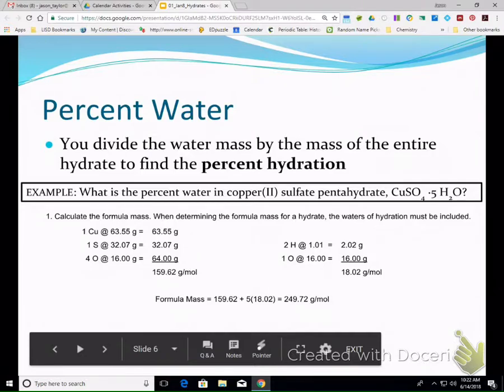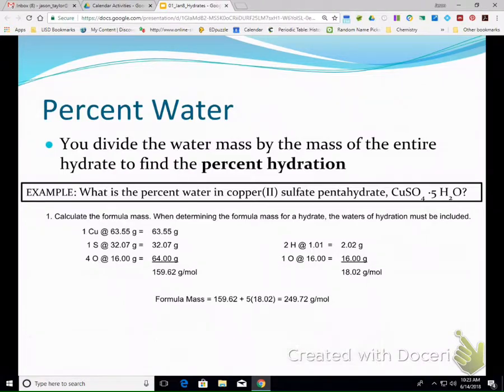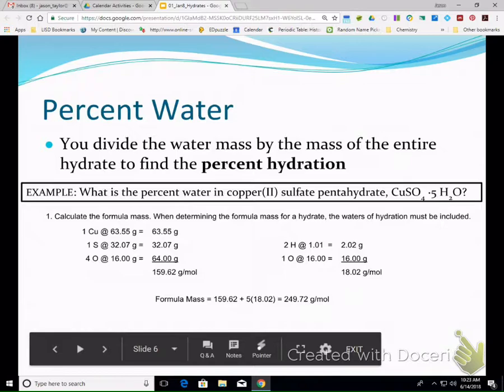Let's now count for the waters. There's 2 hydrogens, there's 1 oxygen, so the mass of just 1 water is 18.02. Okay, that's just 1 water. Now to get the total mass, we're going to take the anhydrate, 159.62, multiply the water times 5 and get almost 250, 249.72. So that's the whole.